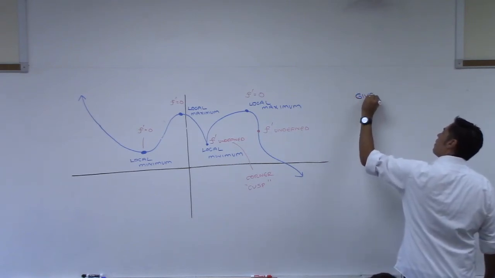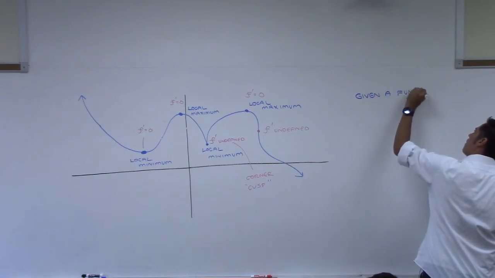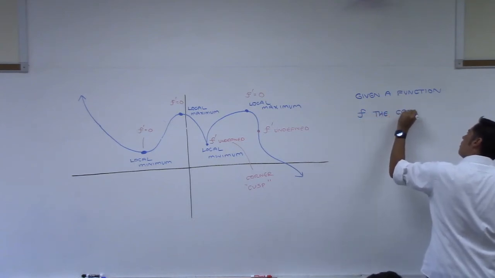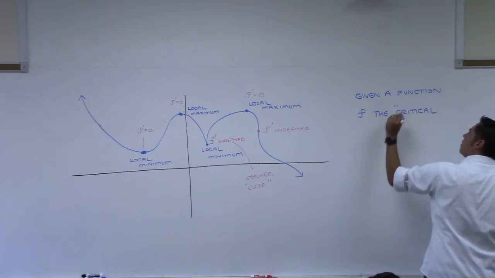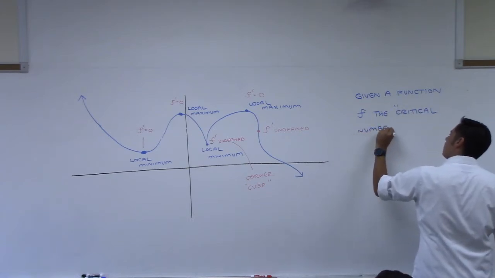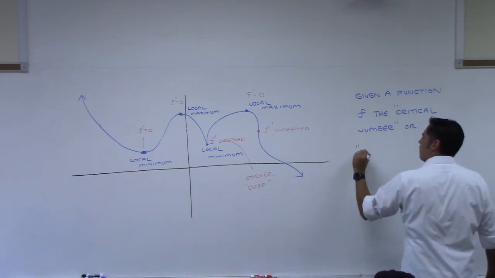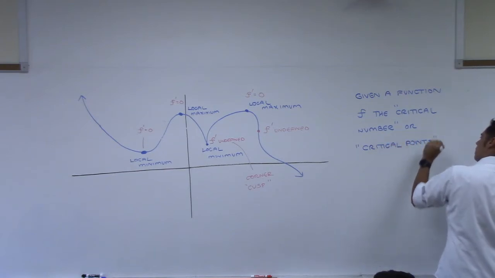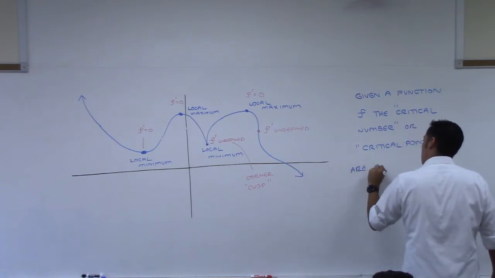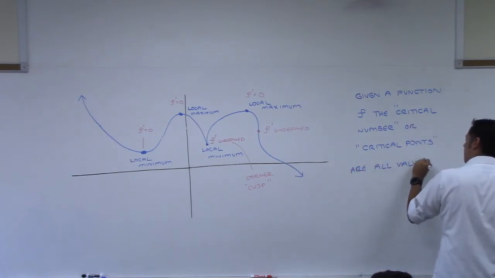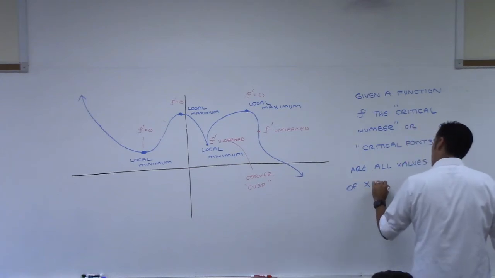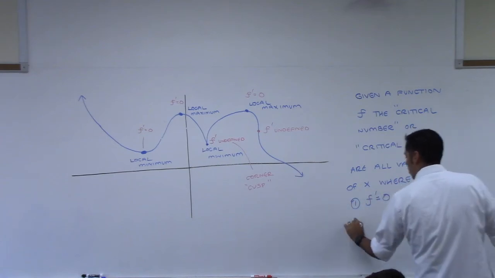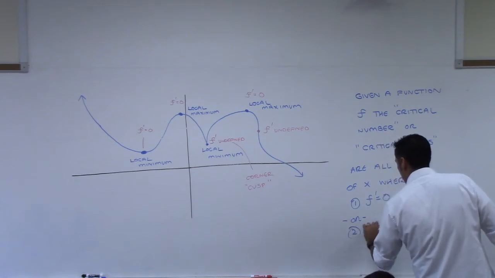Given a function f, the critical numbers, or you might hear it referred to as critical points, are all values of x where 1, f prime equals 0, or 2, f prime is undefined.